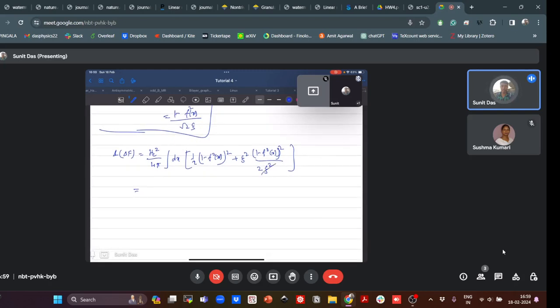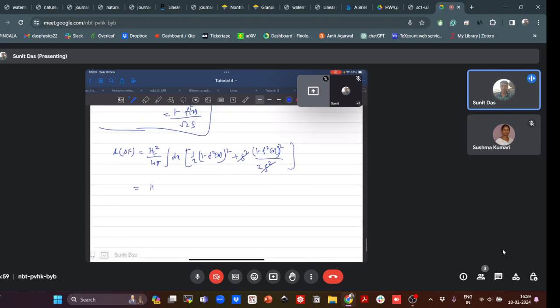So xi square cancels out, and it turns out Hc square by 4 pi integration of dx only 1 minus f square x square, right? So this is the extra free energy.